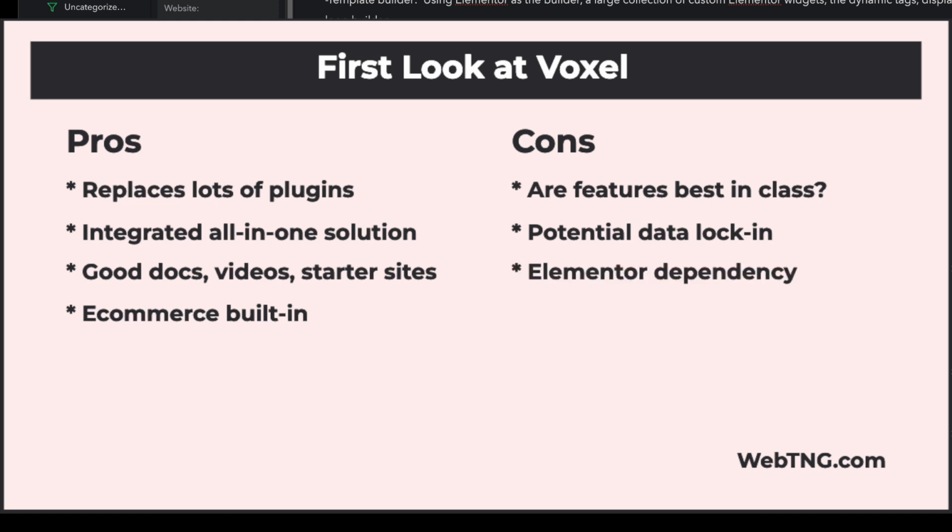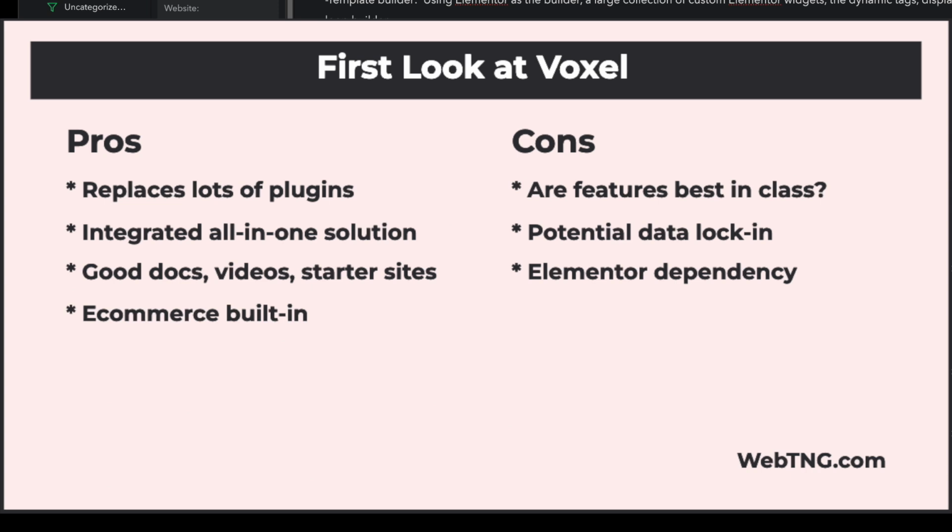Now, by leveraging Elementor, the Voxel team sidestepped a very large amount of work that's usually required when creating an all-in-one solution. And I wonder if that has some drawbacks.